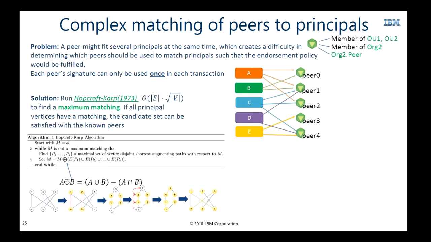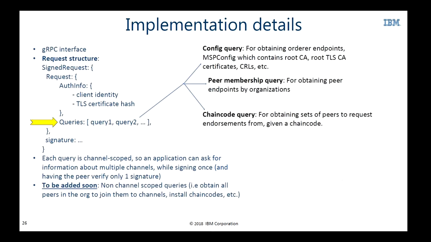But possibly in the future, peers can satisfy several principals, and then we need a more complex algorithm that will find the matching between the peers and the principals. There is such an algorithm called Hopcroft-Karp. It runs in polynomial time, which is good because it means that we can compute it relatively efficiently. If there will be a need, it will be implemented.